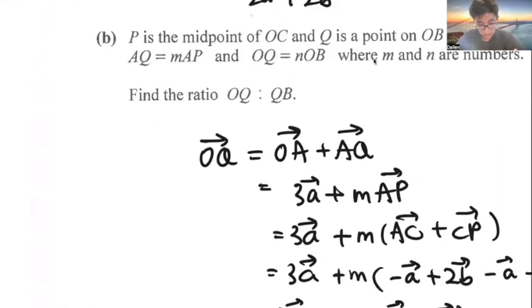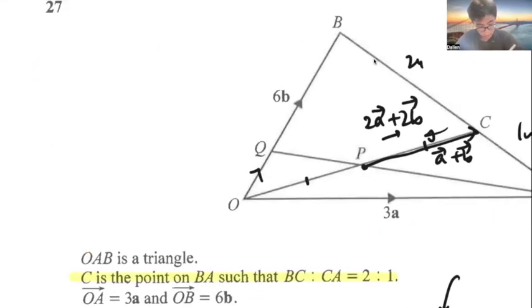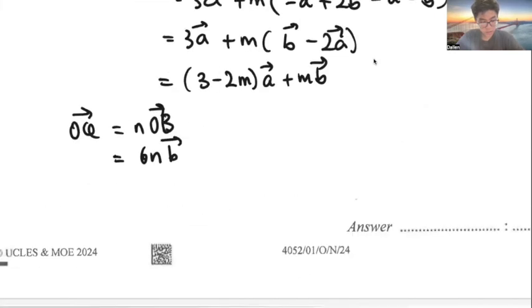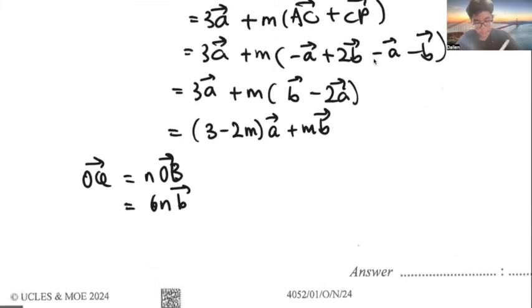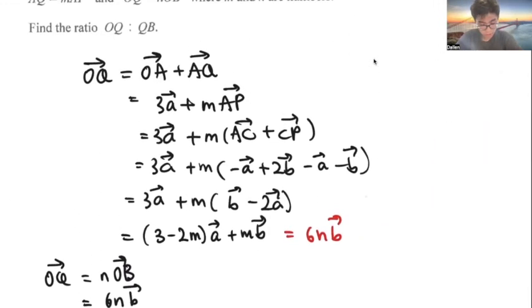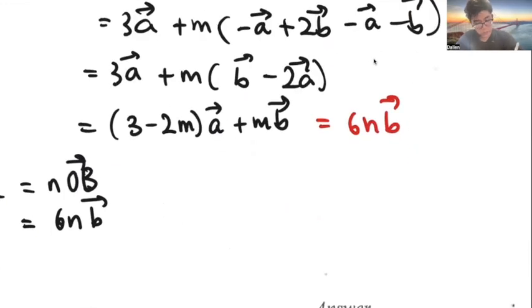OB is given to be 6B, so this is equal to 6N B. From this, we can compare coefficients. The B component will be equal to M, so M equals 6N. It is our first equation.